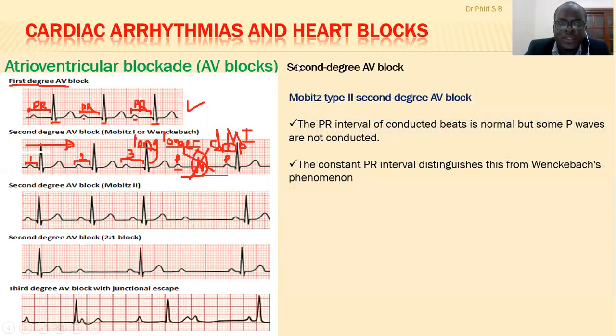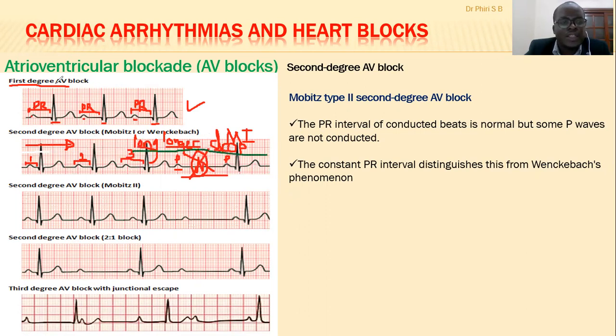So let me just get back my pencil. Okay, so we said in second degree type 1, Mobitz type 1 or Wenckebach, there's progressive prolongation of the PR segment. Then you have a drop in QRS complex. So you can remember by saying longer drop.